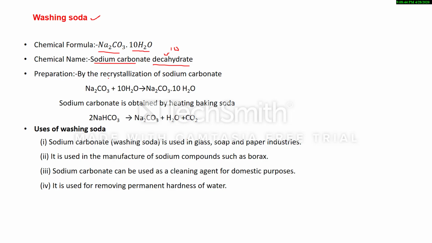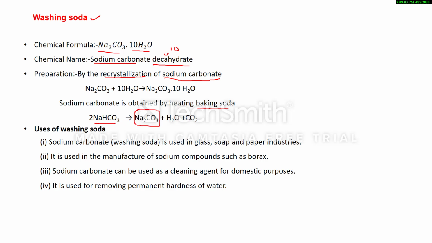Preparation. It is prepared by the recrystallization of sodium carbonate. Actually, in the previous video, we discussed what happens when we heat baking soda. When this baking soda, that is sodium bicarbonate, is heated, it gives Na2CO3.